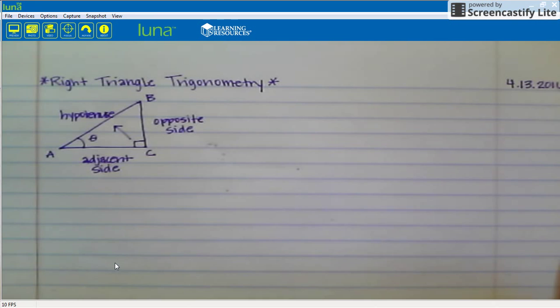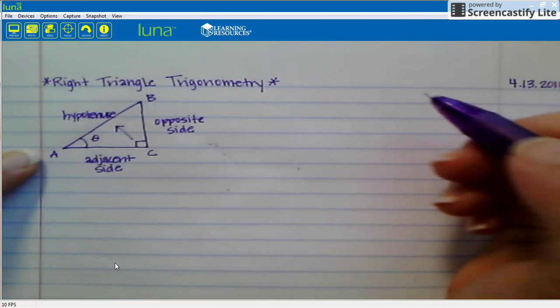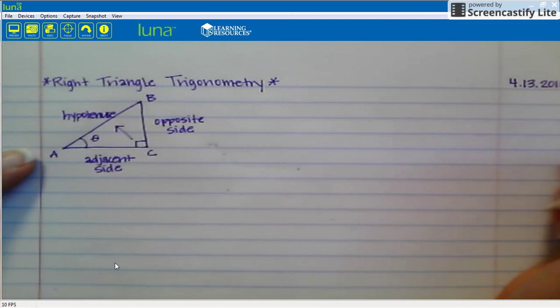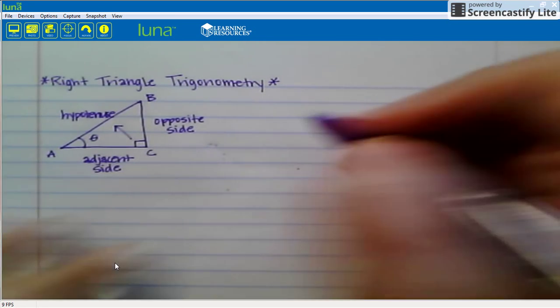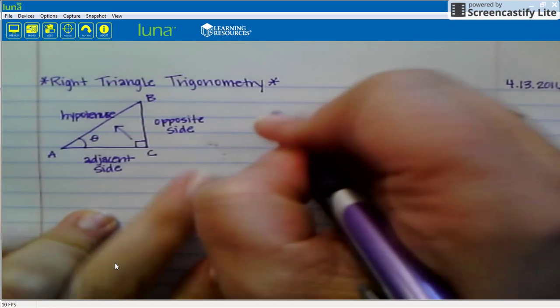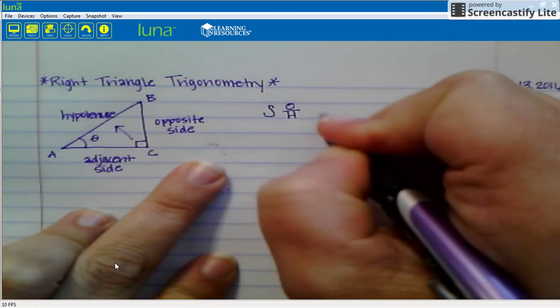We can use trigonometric ratios to make relationships between the side lengths and the angle measures. Using angle A, you have probably been taught in the past the acronym SOHCAHTOA. I write mine a little differently so it reminds me that I'm dealing with ratios.